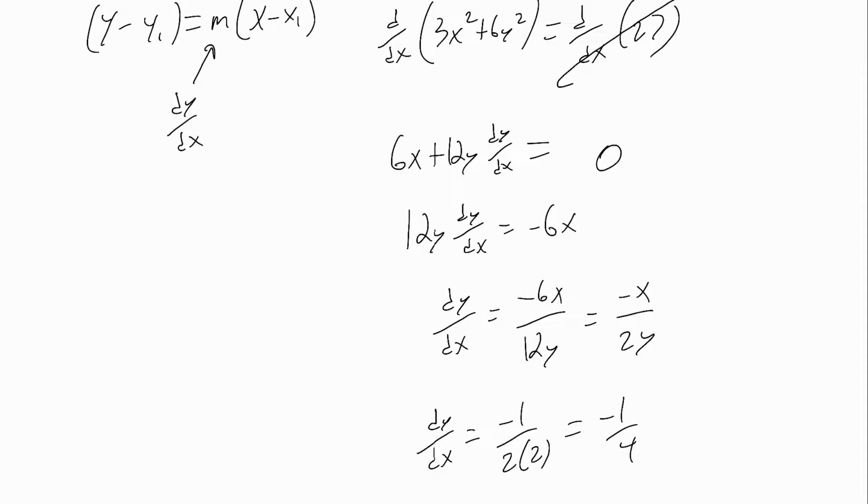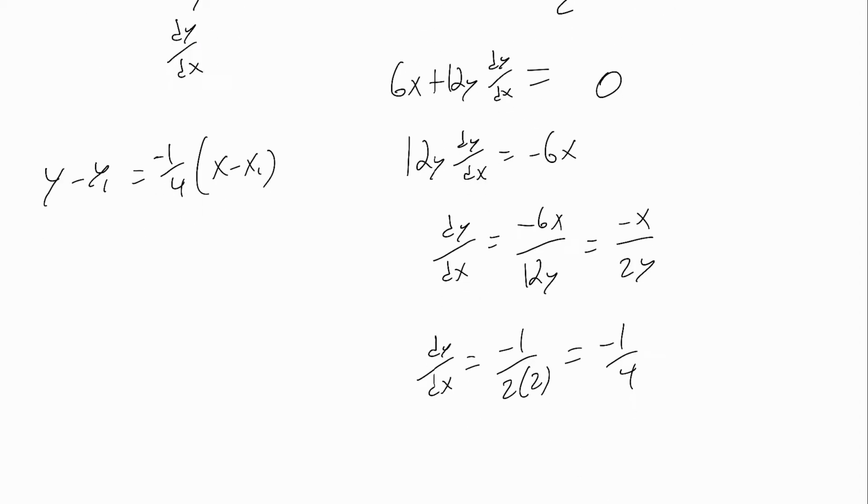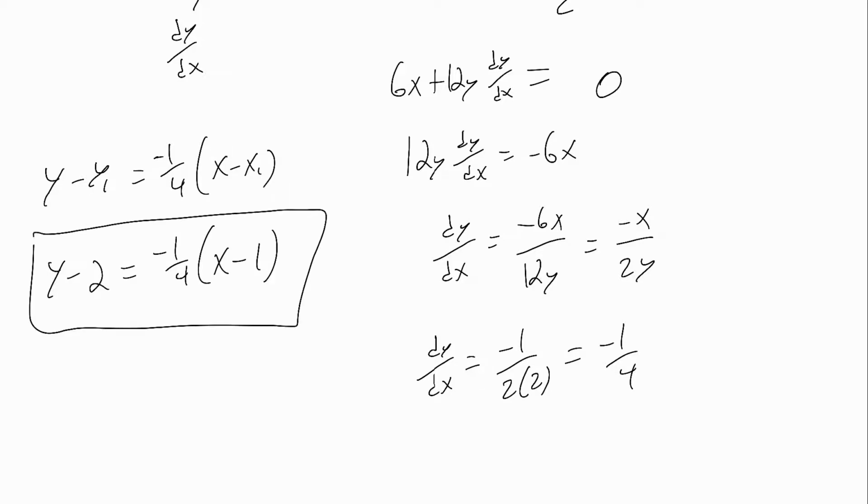So that is our slope. So we know that the equation of our tangent line will be y minus y1 equals minus 1/4 times x minus x1. But again, we're given that x equals 1 and y equals 2. So let's plug those in, and we get y minus 2 equals minus 1/4 times x minus 1. And that's our answer for that.